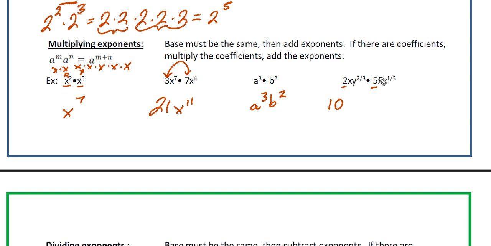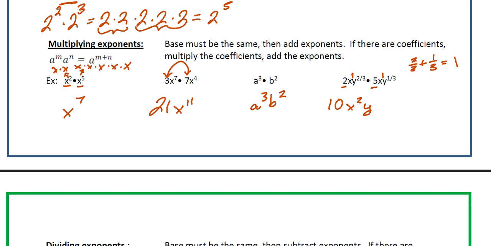And then both of these have x's. This is raised to the first, that's raised to the first. So x times x would just be x squared. And then right here, y to the 2/3 times y to the 1/3. Well, 2/3 plus 1/3 is just 3/3, or 1. So that's just y to the first. So we have 10x squared y.